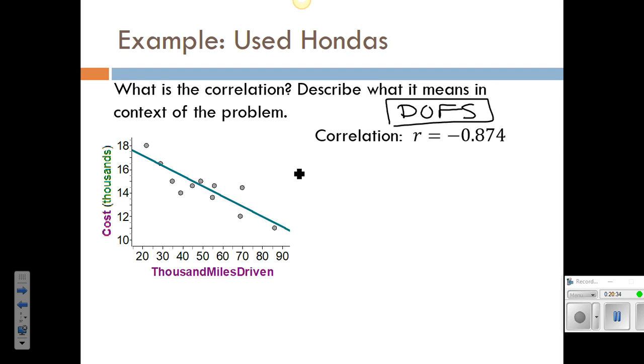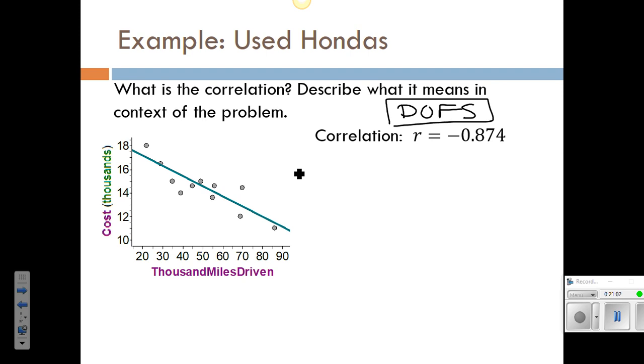Okay, so here you go. Direction. How do we describe direction? Negative or positive? This is obviously negative because it has a negative sign. Okay, so negative, that's the word we're going to use. Okay, does it look like it has an outlier? If it doesn't have an outlier, should we mention outliers? No. Moving on, form. What form are we looking at here? Linear. Is it pretty linear or is it curved? It's approximately linear. Good.